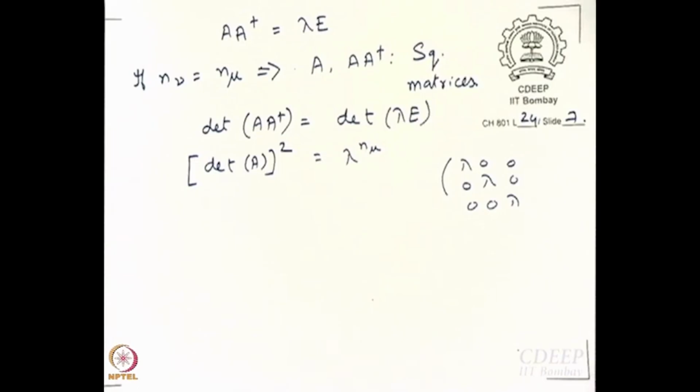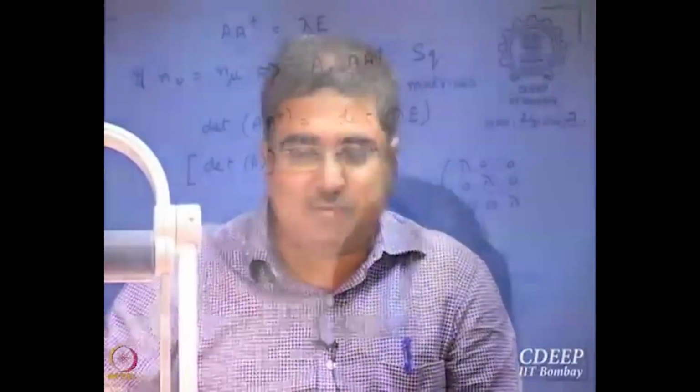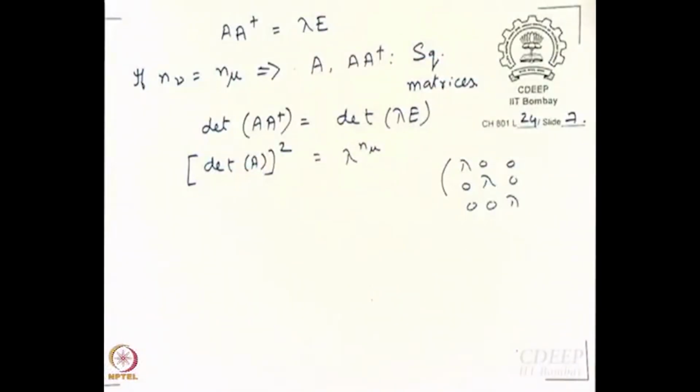Just work it out, take any matrix, take its adjoint, right? Multiply them together, see what the determinant turns out to be. Work with a 2x2 matrix, it will turn out to be this. So, what is det A then? Det A is square root of lambda to the power n mu, right?